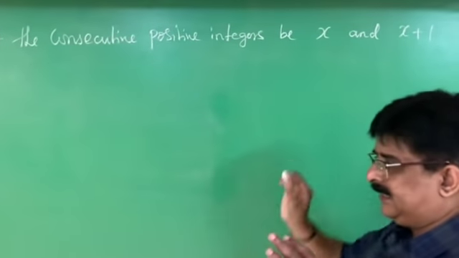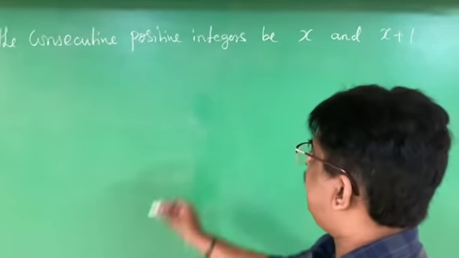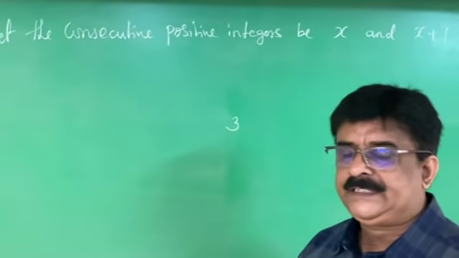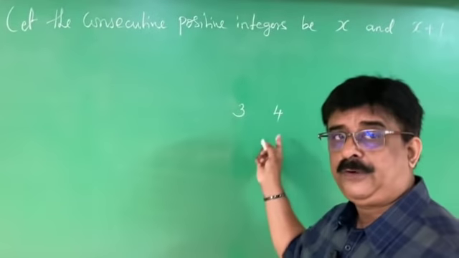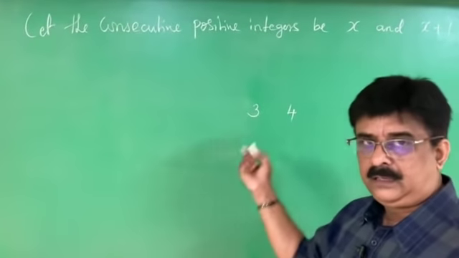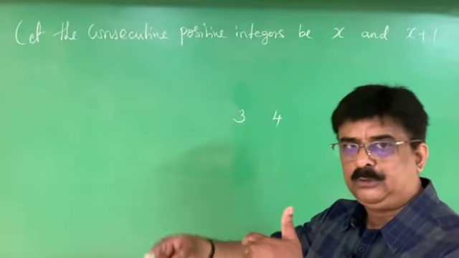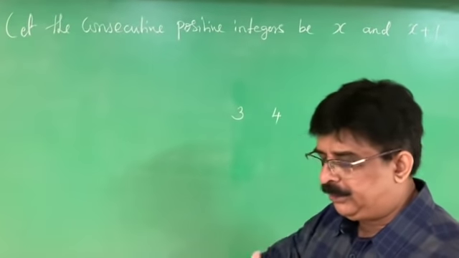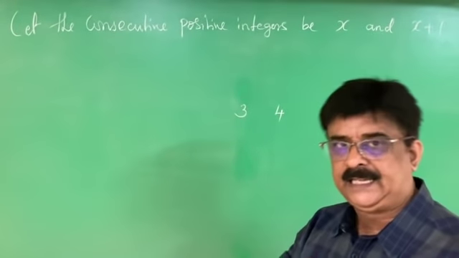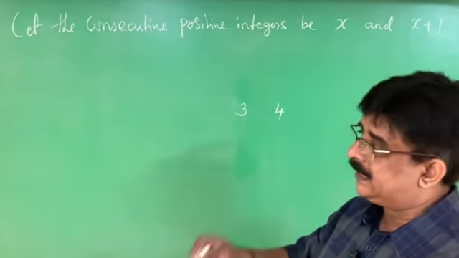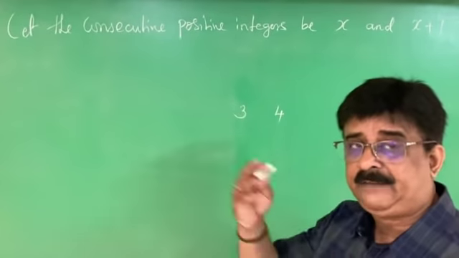Now try to understand this first. Suppose there is a number 3. Which is the next number of 3? 4. How can I get 4 from 3? By adding 1 to 3. By adding 1 to the previous number, we get the consecutive integers. Integers may be positive as well as negative. Therefore, he mentioned that it is a consecutive positive integer.